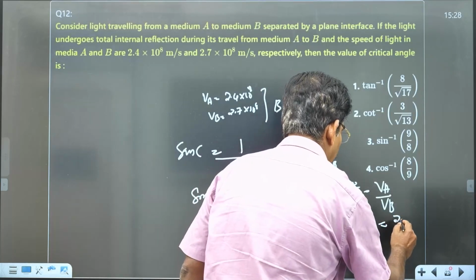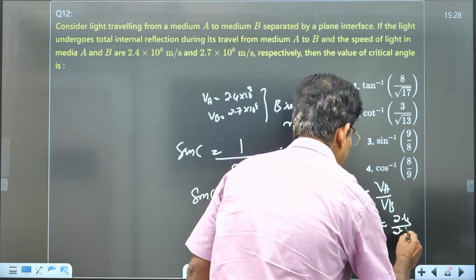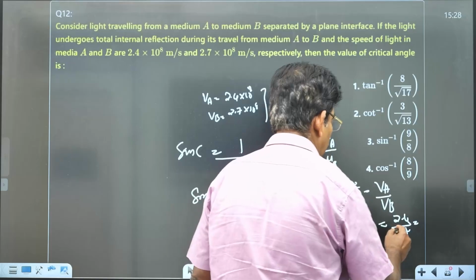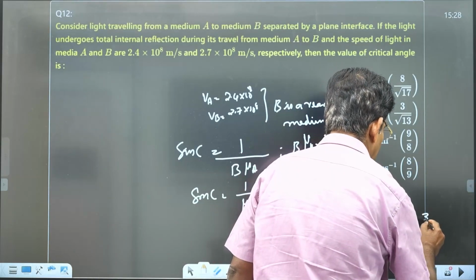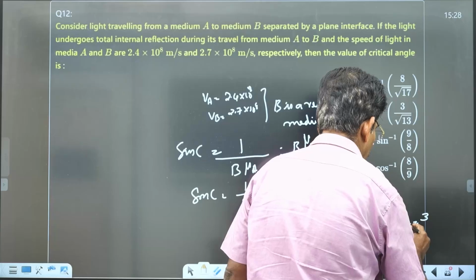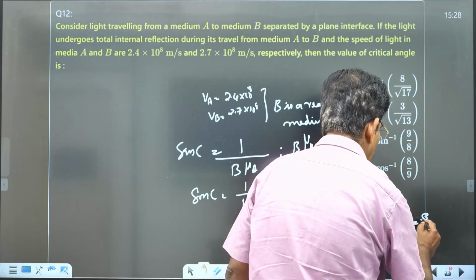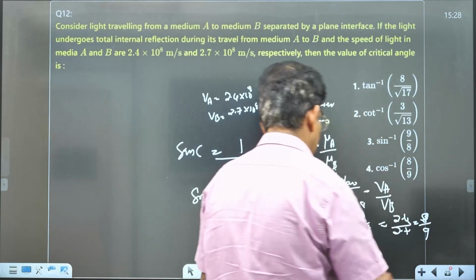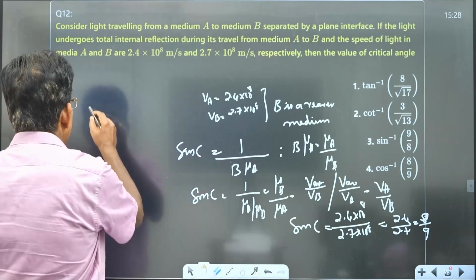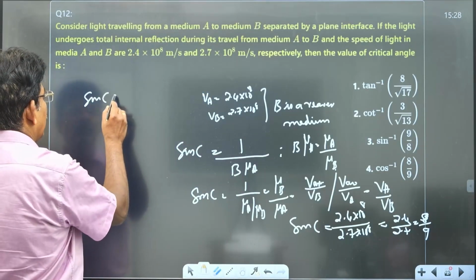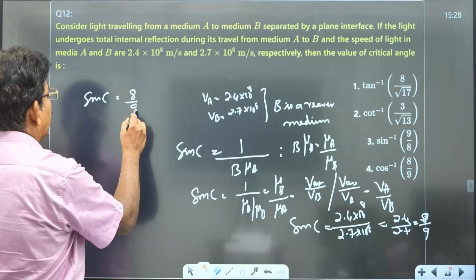This is 2.4 by 2.7, that comes to be 8 by 9. Therefore, we are getting sin C is 8 by 9.